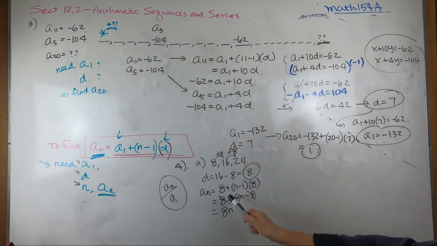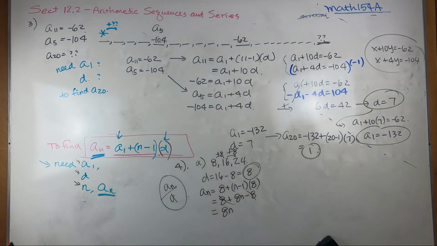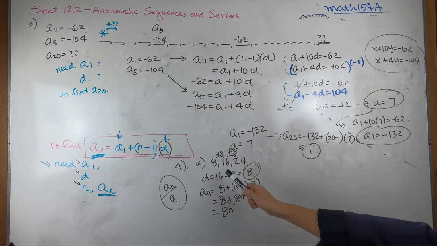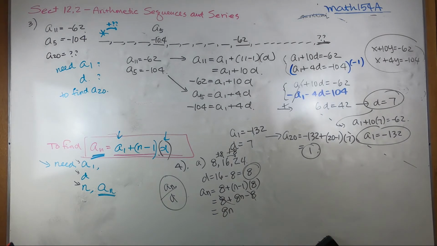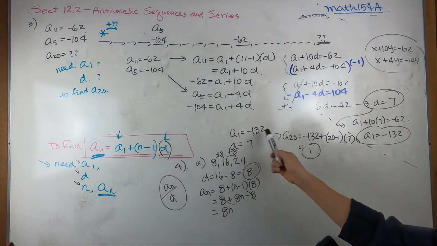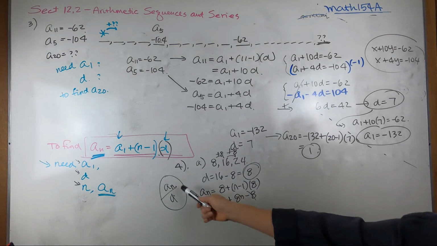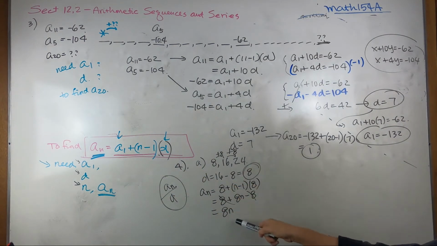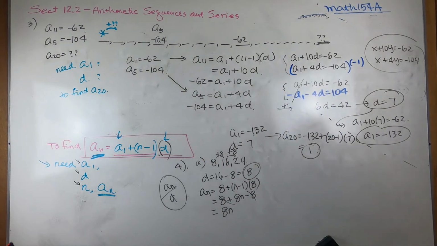See, N is 1, that's 8. N is 2, 16. N is 3, that's 24, right? So if you add 8, the general pattern is 8N. If you add 7, the general pattern will be 7N. You can even find it with the formula.